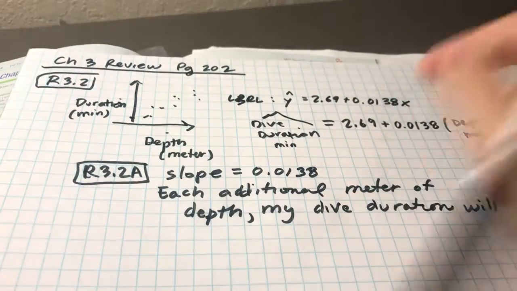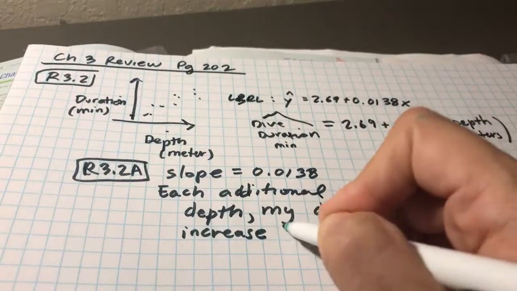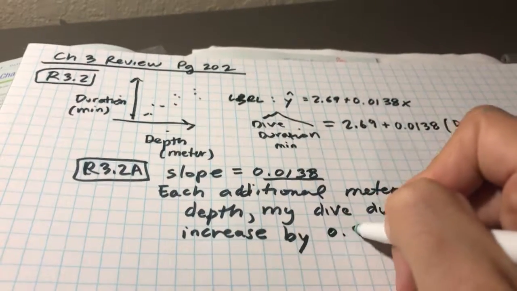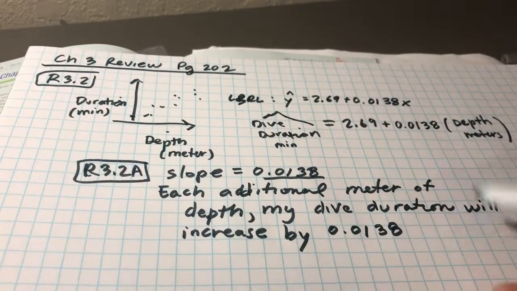Since this is a positive slope, I'm going to say will increase by 0.0138, and I want my y label.